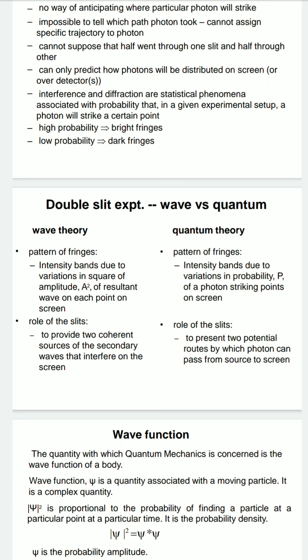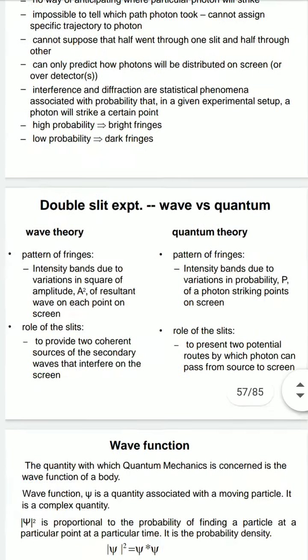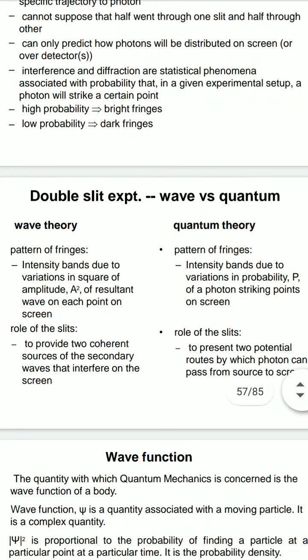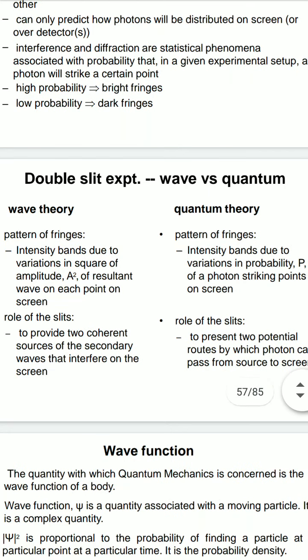So the intensity at a point is calculated from the variation in the square of amplitude. And what is the role of the slits in wave theory? It provides two coherent sources of secondary waves.